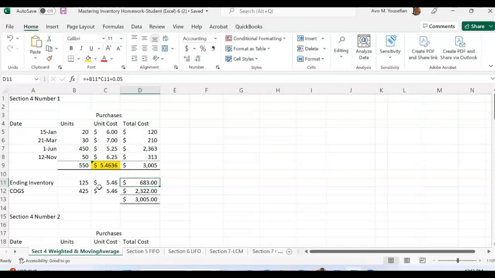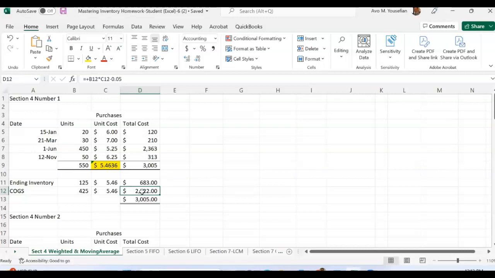And then we can easily also have the cost of goods sold, which is the difference of 550 minus 125, right? Those are cost of goods sold. And the dollar amount is, let's say, $2,322. Just solid number, so we can have it.